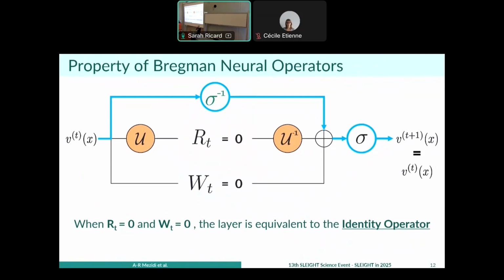This property can be very interesting because we can initialize all of our layers to 0 at the beginning of the training, and we'll see that it will give us more flexibility and better accuracy.